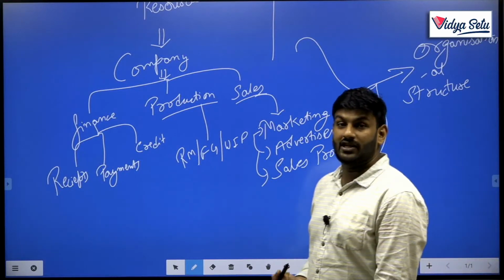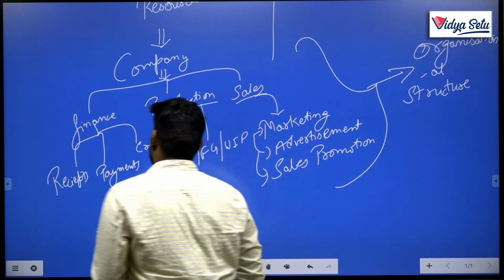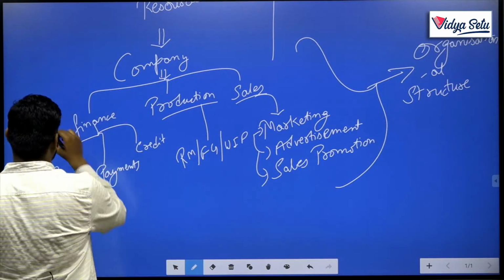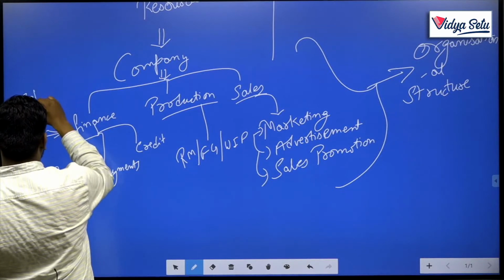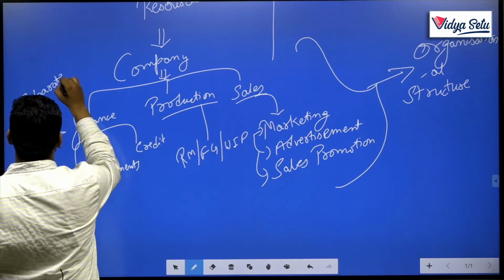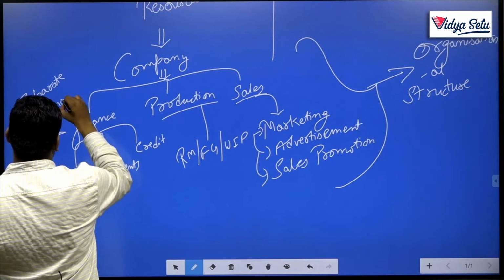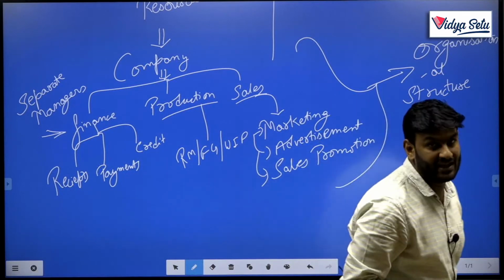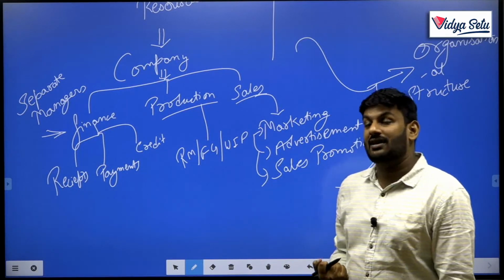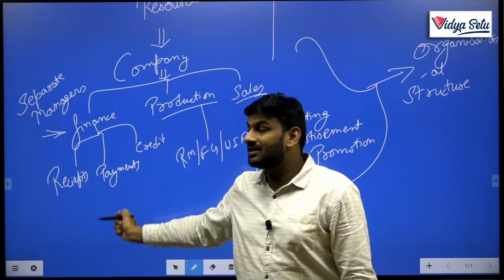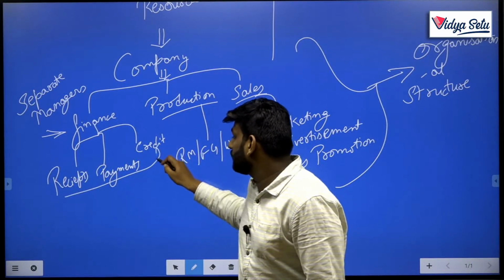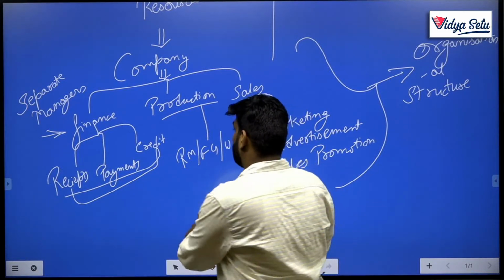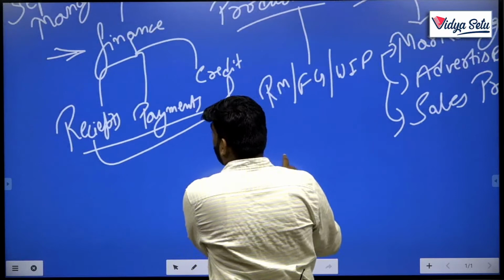What is the span of management? Suppose at this level of management they have separate managers, as in finance manager, production manager or sales manager. Now span of management tells that in the case of the finance manager there are 3 departments doing the job, as in receipts, payment and credit.